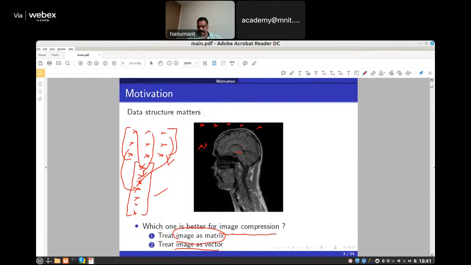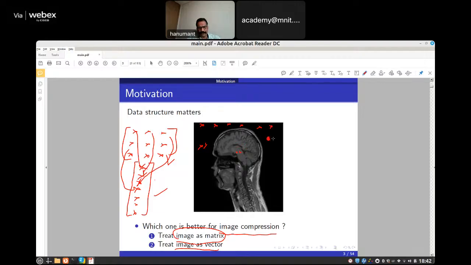Normally in machine learning, if any image is there, earlier it was very common that people used to just write it as a data matrix. But have a look very attentively.